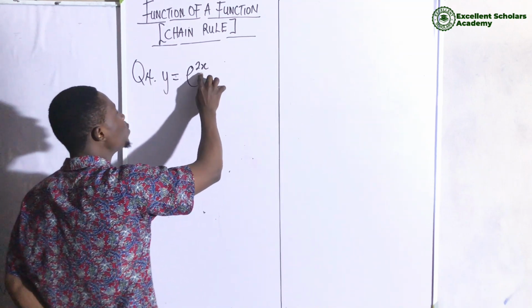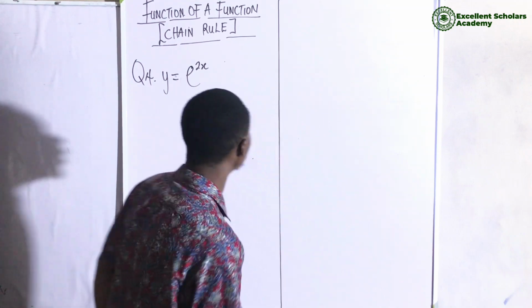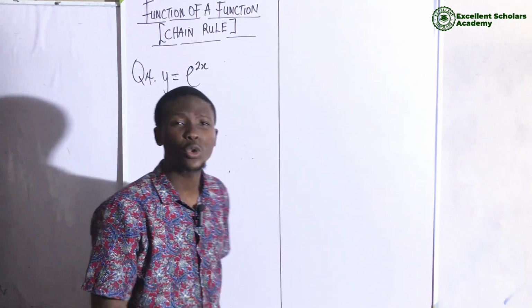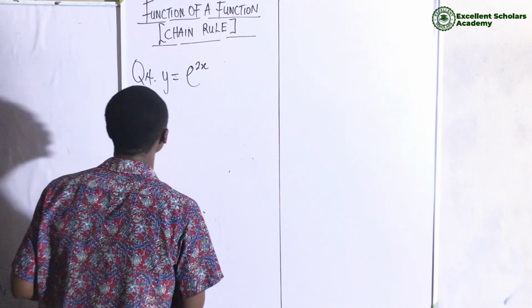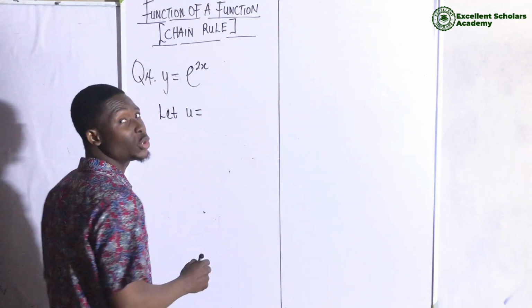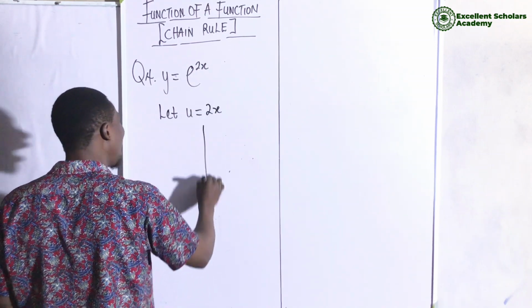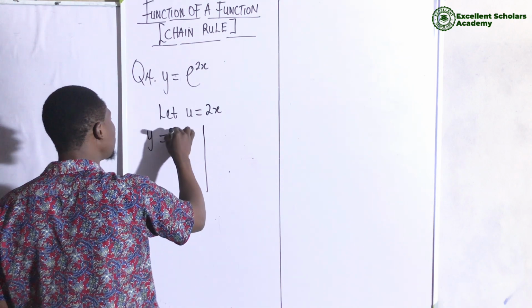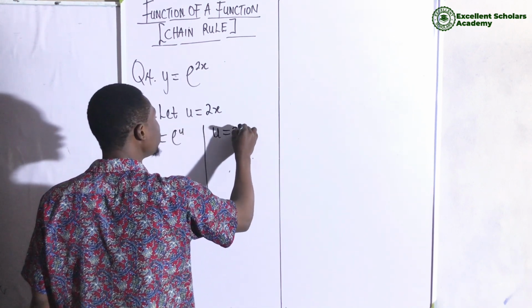y equals exponential 2x. Now if you watch this closely, this is an exponential function that has an algebraic function inside of it. So what do we do? We say let u be equal to that function inside of this function, which is 2x. So that implies that y is going to be equal to exponential u, and u is equal to 2x.